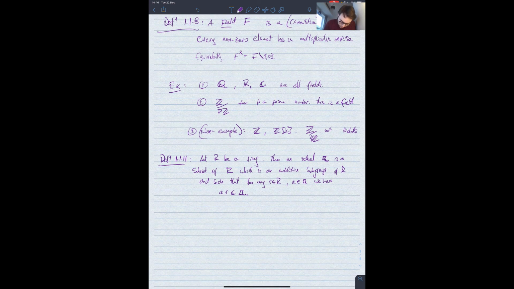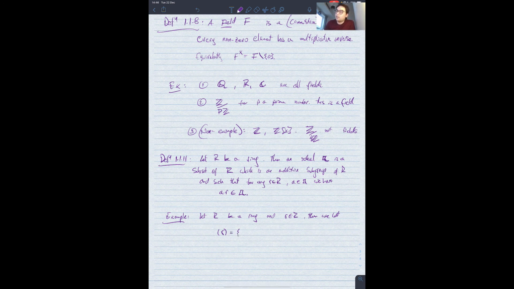So here's probably the most important example of an ideal that we will look at. Let R be a ring, and take an element r in R. Then I'm going to denote by brackets r the ideal generated by r.